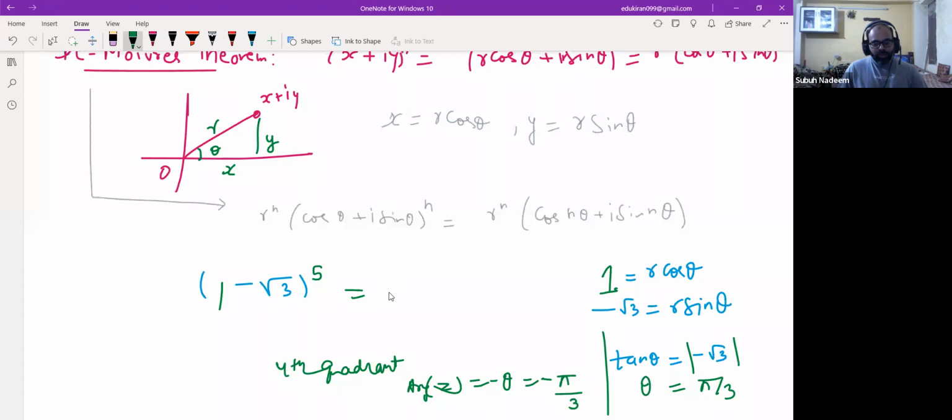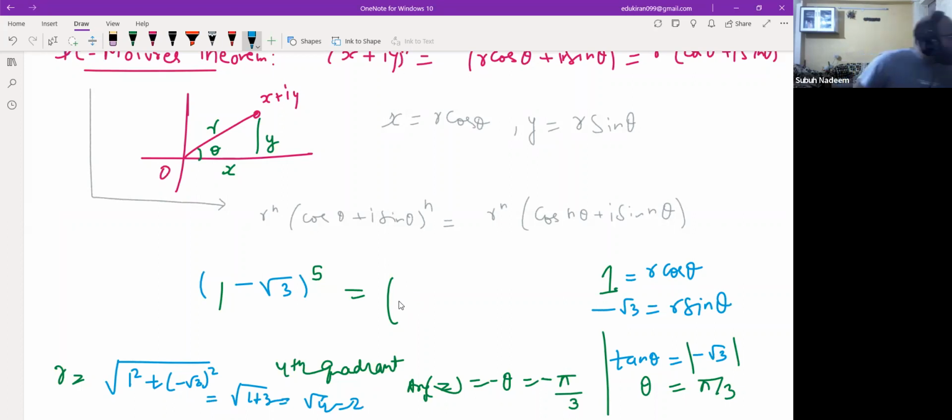And r, if you find, r will be root over x square plus y square, that is root over 1 square plus minus root 3 square. This will be 1 plus 3, which will be equal to 2.